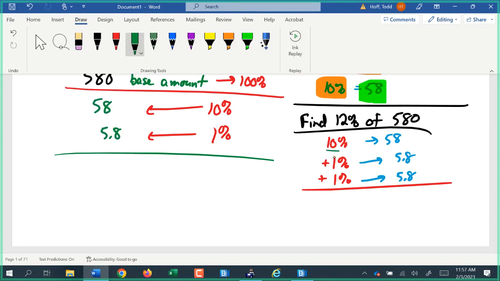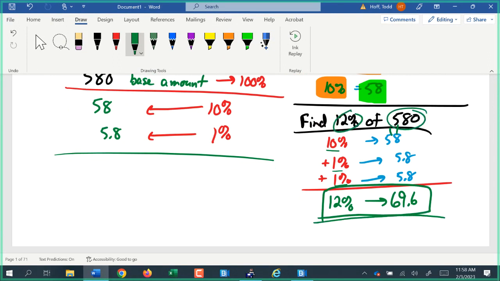So here, 10% plus 1% plus 1% is 12%. We add up here, 8 and 8 is 16, so 6 carry the 1. 9, 19, so 9 carry the 1. That's 69.6. 12% of 580 is 69.6. So those benchmarks allowed us to calculate, in this case, an exact answer, just with some simple addition and moving decimal points.